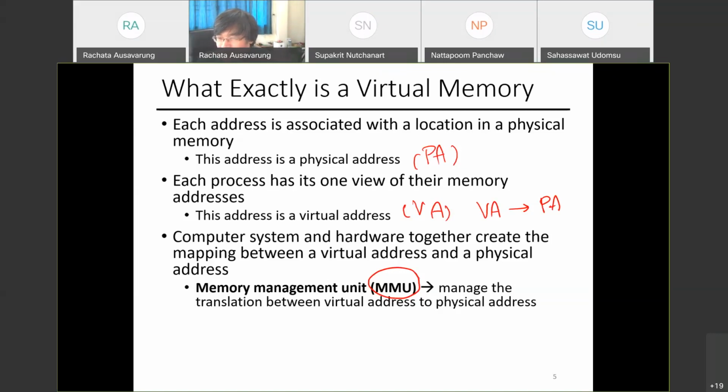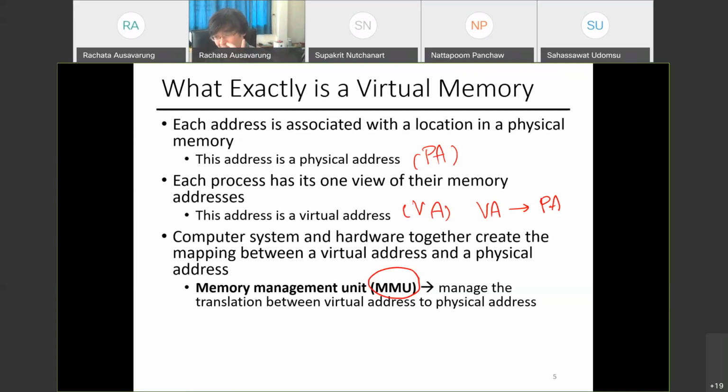One of your friends answered, management is someone who manages something. A memory management unit is a unit that manages memory. It's as simple as that. I have a virtual address. A manager should be able to tell what my physical address is, and that's actually one of the jobs of the MMU. It manages this translation, right? Translation means that I'm going to translate the virtual address to a physical address.